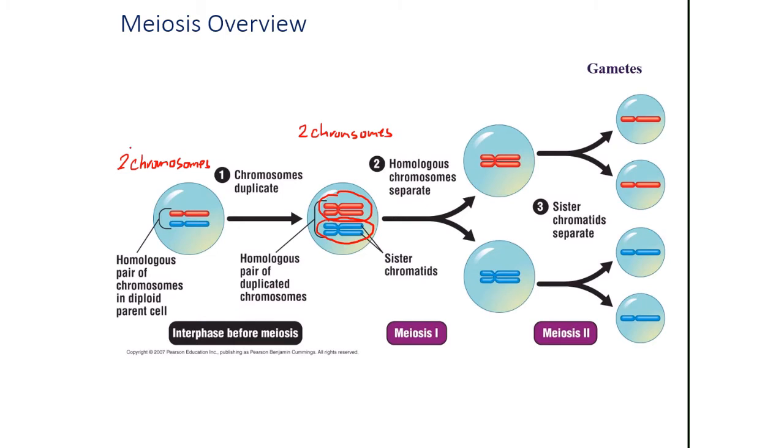Okay, so we started with 2 chromosomes, and after DNA replication, after the chromosome duplication rather, you will still have 2 chromosomes, but now you will have 4 sister chromatids. Okay, so 1, 2, 3, 4 here, right?